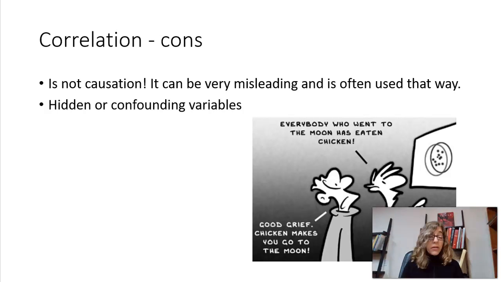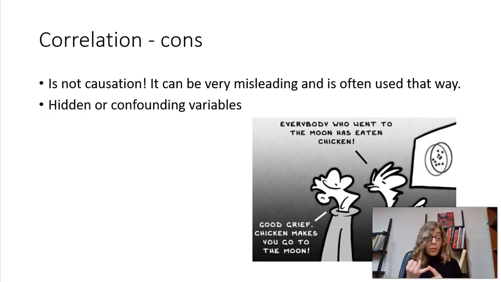Actually, what happens here is there is a third variable. There's another variable that's not mentioned. It's a hidden or a confounding variable, and that is conservatism or religiosity. And I don't mean conservatism in a political sense. I mean people who tend to be more traditional or religious. They're the same people.